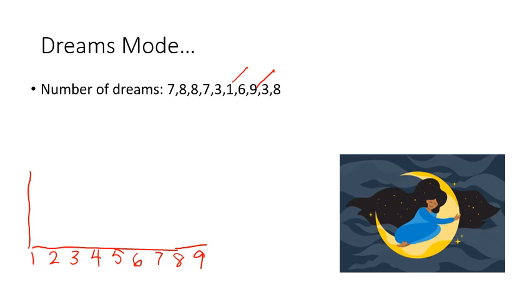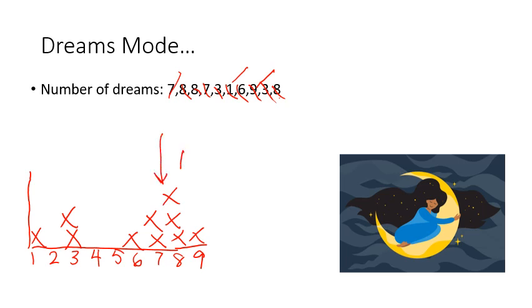We could tally all these up. There's a 7, 8, 8, 7, 3, 1, 6, 9, 3, and 8. And in this distribution, we would see that the mode equals 8.